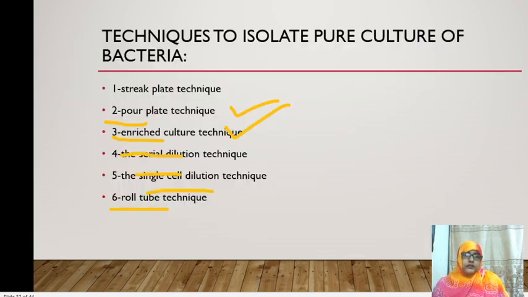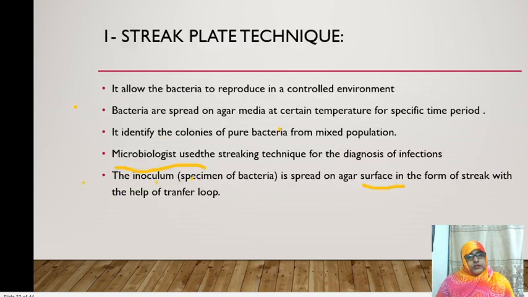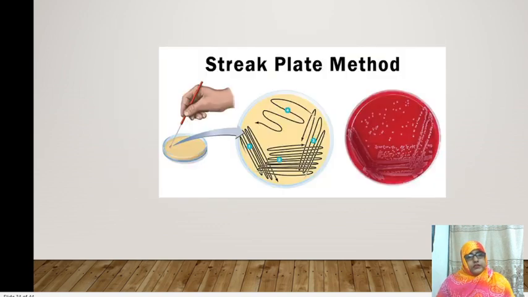Now how it is isolated, how we prepare the colonies and how we isolate them. The streak plate technique, the pour plate technique, the enriched culture technique, the serial dilution method, the single cell dilution method and roll tube method. Streak plate we have discussed here. We take a petri dish, put the media there in a controlled environment.